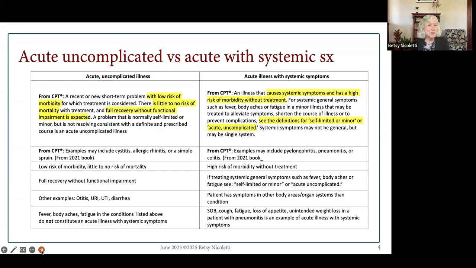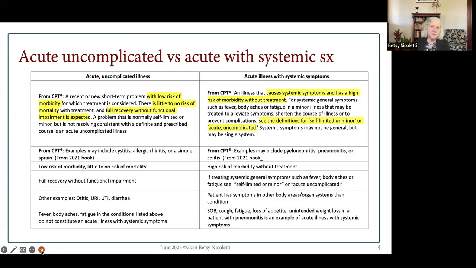There is little to no risk of the patient dying without treatment, and a full recovery is expected. Examples from the 2021 CPT book: cystitis, allergic rhinitis, or simple sprain. And we'll look at a couple of other examples as well. So full recovery is expected without any functional impairment.